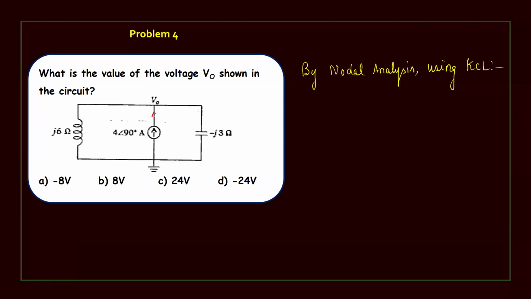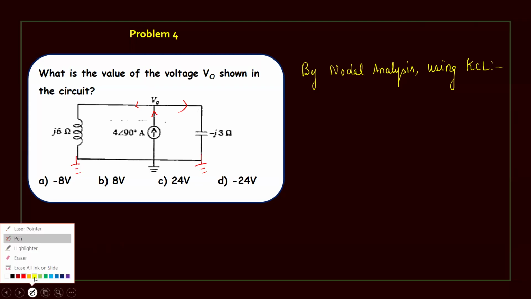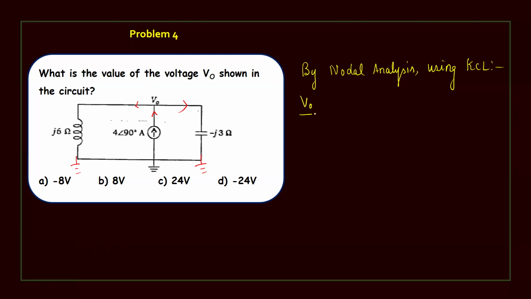Both currents are outgoing, and here also grounded terminals. So V naught by J6 plus V naught by minus J3 equals 4 angle 90 amps. Let me convert this 4 angle 90. What is the magnitude? The square root of A square plus B square equals 4.